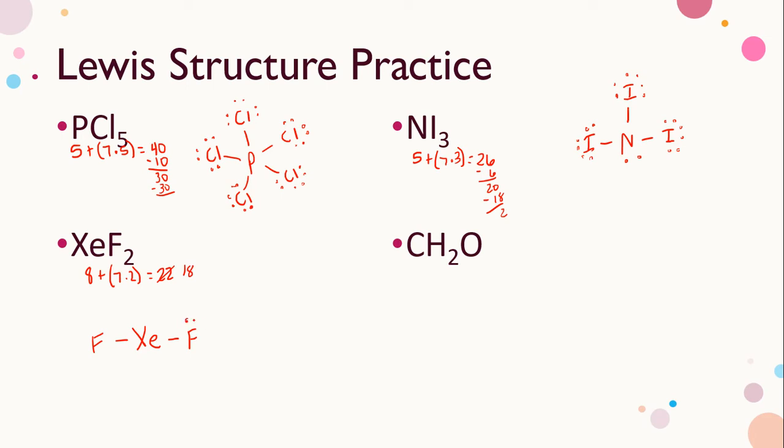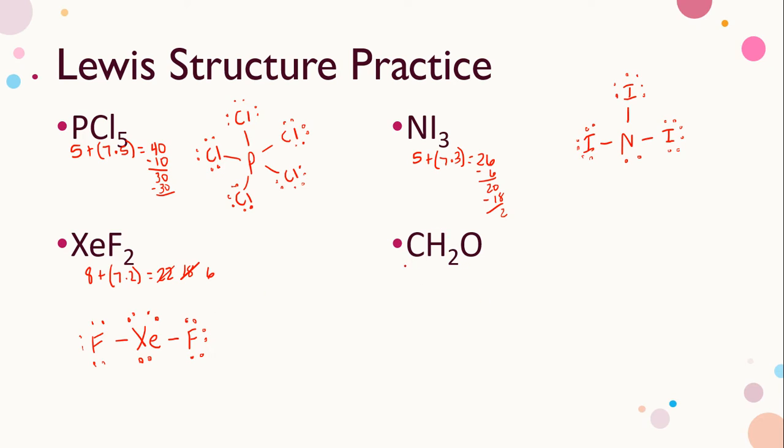Make the outside happy first, so 2, 4, 6, 8, 10, 12. Minus 12 will get me 6 left over. And all 6 of those, if my outside's happy, have to go on the middle. So that's going to give xenon more than 8, and that's okay because it has an expanded octet.